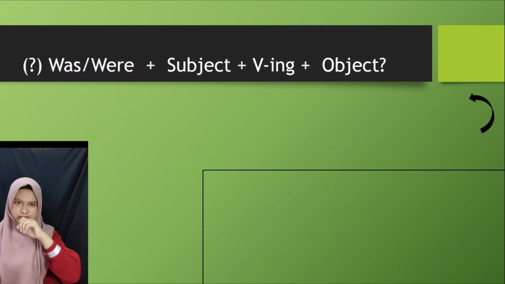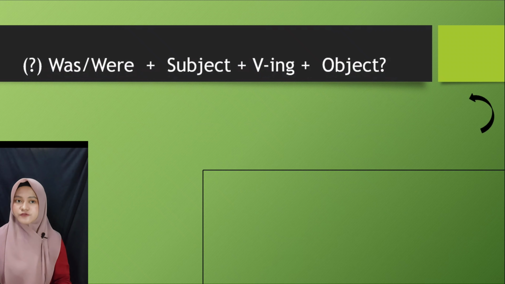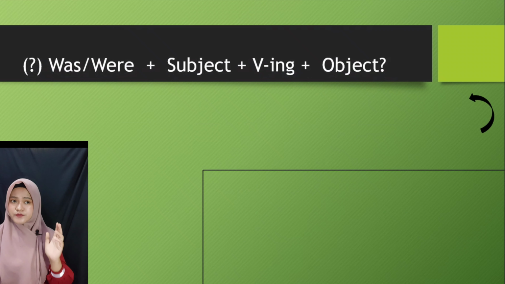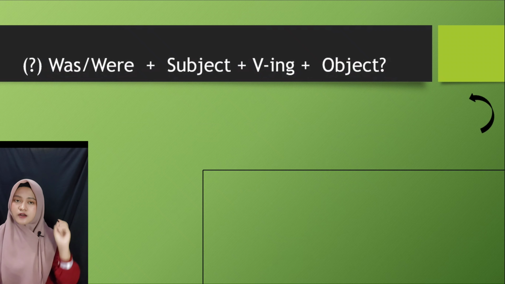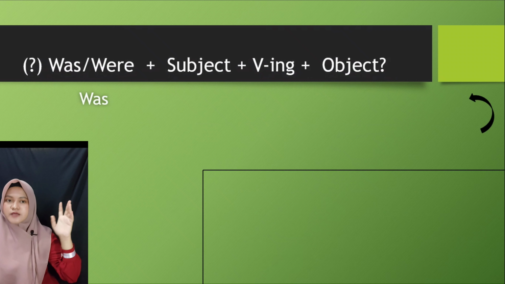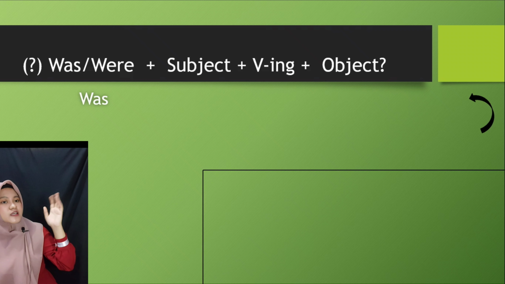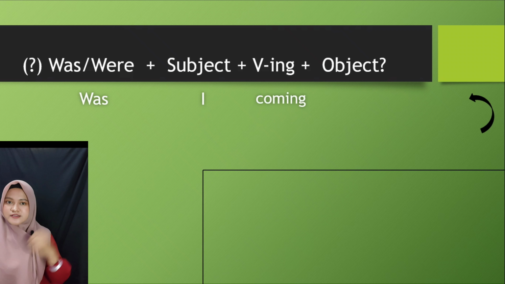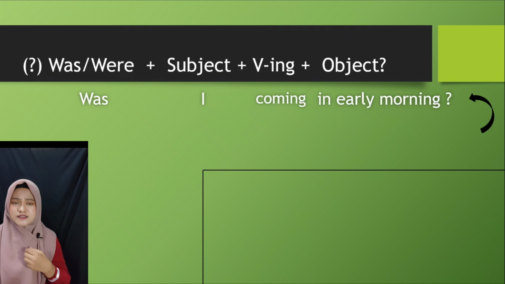And for the interrogative, the auxiliary was or were goes in front, then the subject, verb ing, then the object. Here I use the auxiliary was, subject I, coming in early morning. So the sentence is, was I coming in early morning?